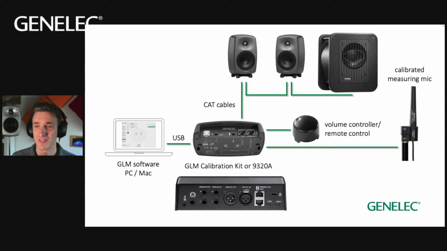Just as a short overview, this is not a webinar about SAM. This is how it works. We have the network adapter. We connect our network adapter to the computer running the GLM software. And then we just run CAT cables to all of our speakers and subwoofers. What's cool about SAM and GLM is that you're not limited to stereo or stereo with sub. You can have, if you like, up to 80 speakers at the moment.